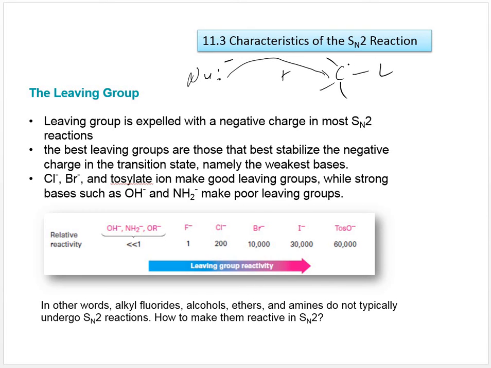Okay, so what happens? The nucleophile attacks the electrophilic carbon, and the leaving group leaves. So in the transition state we have this planar complex. This is the nucleophile, this is the leaving group.